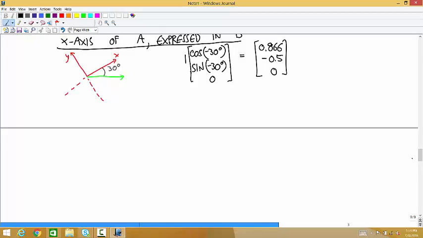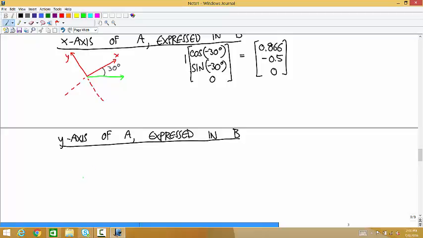Now we have to do the y-axis. The y-axis of the A coordinate system expressed in the B coordinate system.